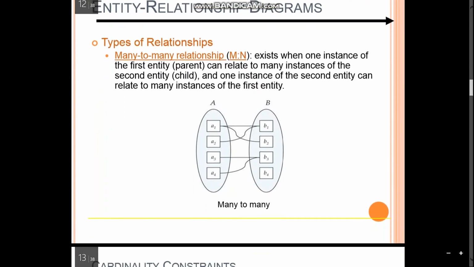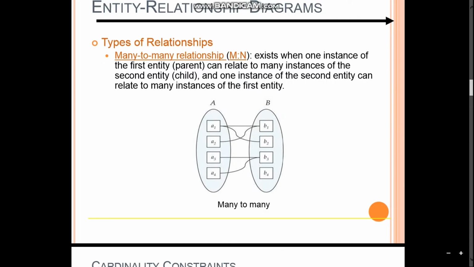Another type of relationship is the many-to-many relationship, where both sides of instances are associated as many-to-many, and one instance is associated to many instances of another entity.